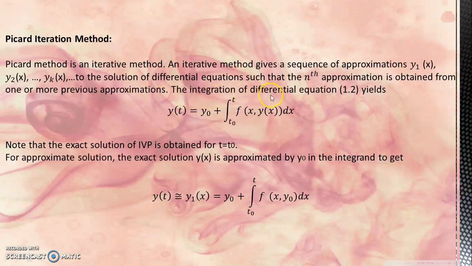The integration of differential equation 1.2 yields this equation. Note that the exact solution of the initial value problem is obtained for t equals t naught. For the approximate solution, the exact solution y(x) is approximated by y naught in the integrand to get this equation.